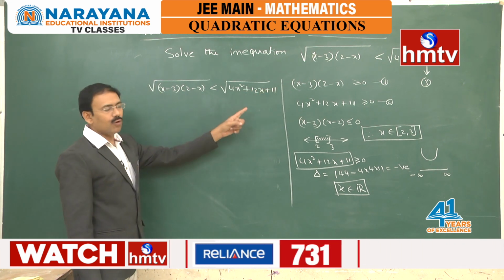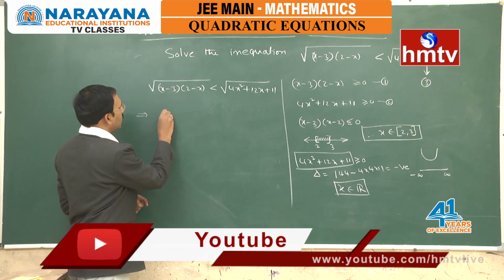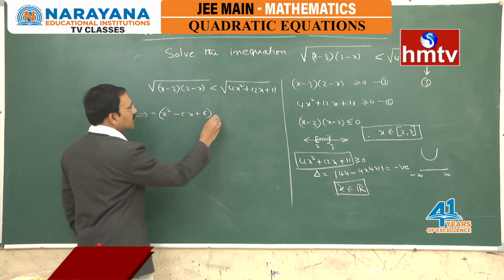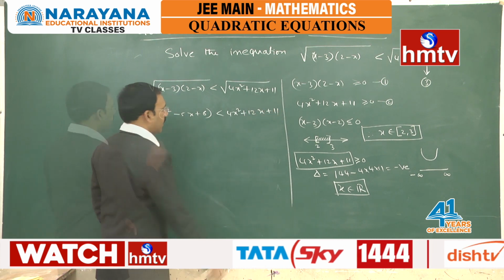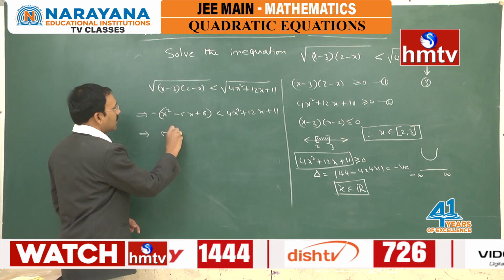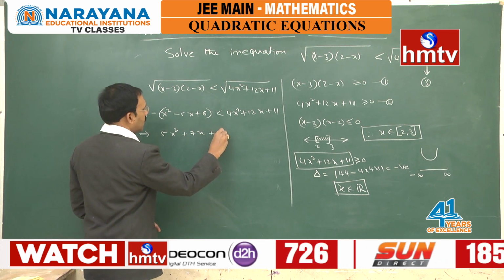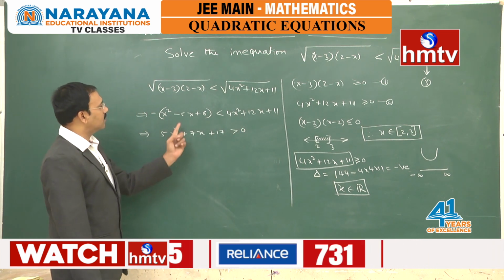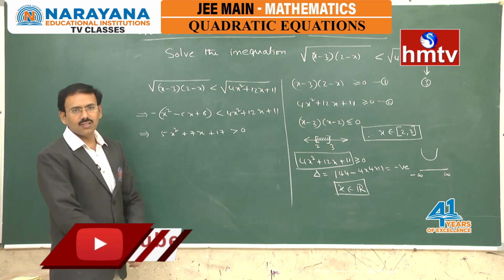Now, as both sides are positive numbers, you can square on both sides, which will give x square minus 5x plus 6 with minus sign is less than 4x square plus 12x plus 11, which gives 5x square plus 7x plus 17 is greater than 0.